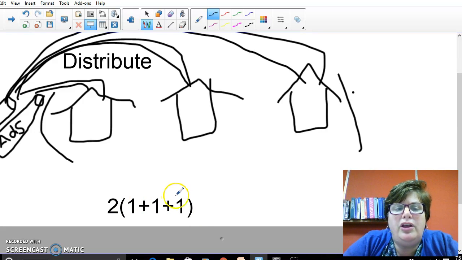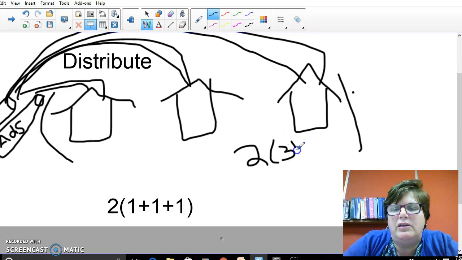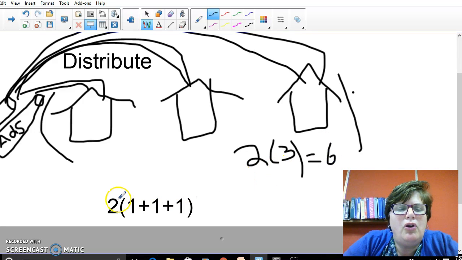We could just add what's in parentheses, which would give us 1 plus 1 plus 1, which is 3, times 2, which would be 6 papers, and that would be correct. 2 times 3 equals 6.